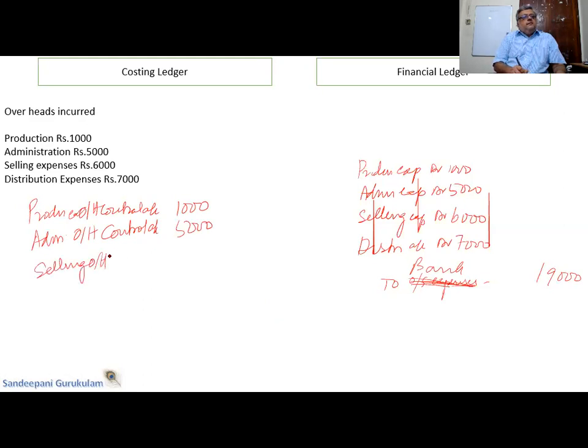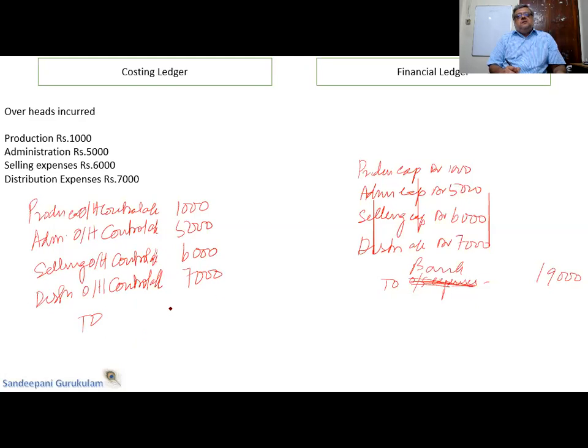Selling overhead control account 6,000. Distribution overhead control account 7,000.